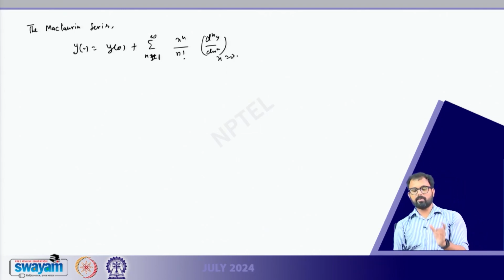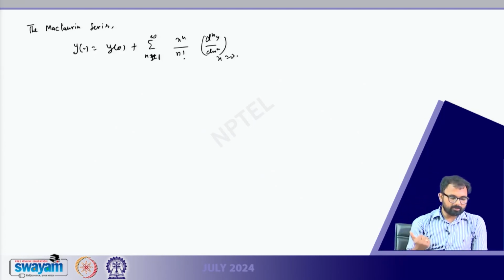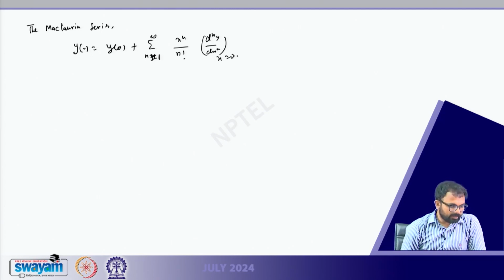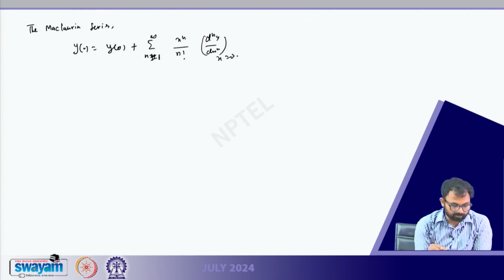So, now we have y x as an infinite series. And the right hand side of 4 will converge to y x throughout some interval.